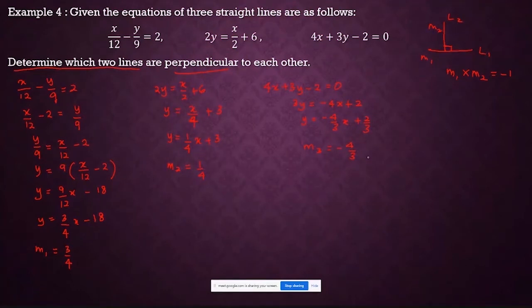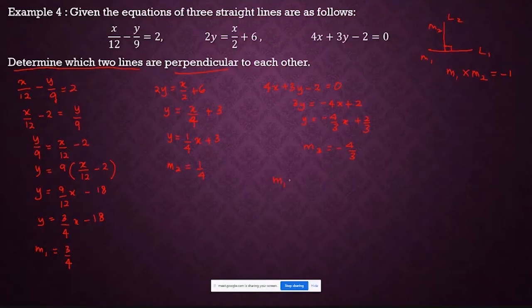This alternates here: the 4 in the denominator becomes the numerator here, and for the sign, one is positive, one is negative. It makes sense, yeah?